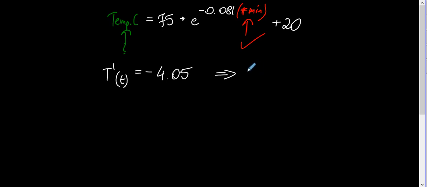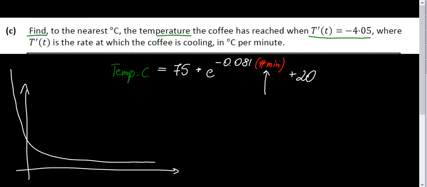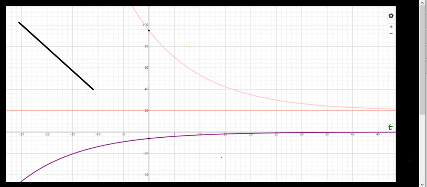It's going to have temperature, and it's going to have the number of minutes, isn't it? It's going to have those two in it as well. So what do I get now? Here they are giving me the value of that derivative, therefore I could find the number of minutes. And actually that number of minutes is going to be exactly the same as here. Now let me explain. So let's go here. Here we have the graph.